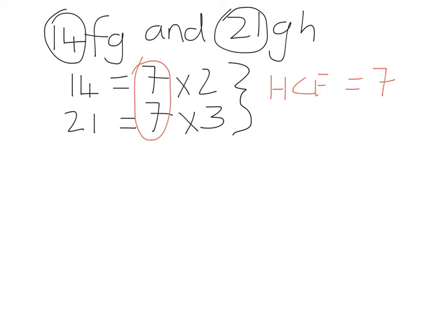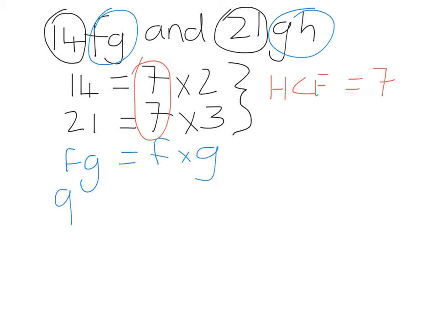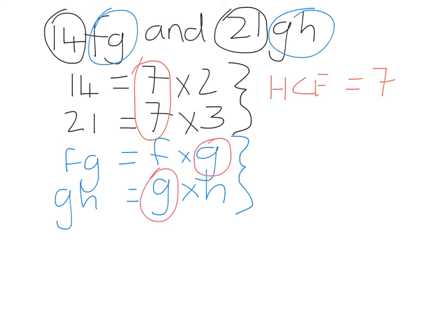Now let's look at our variables. So we've got f and g over here, and g and h. We know that fg is the same as f times g, and gh is the same as g times h. Now, which one of these is a common variable? Yep, g. Both of them have g in it. So our highest common variable factor is g.